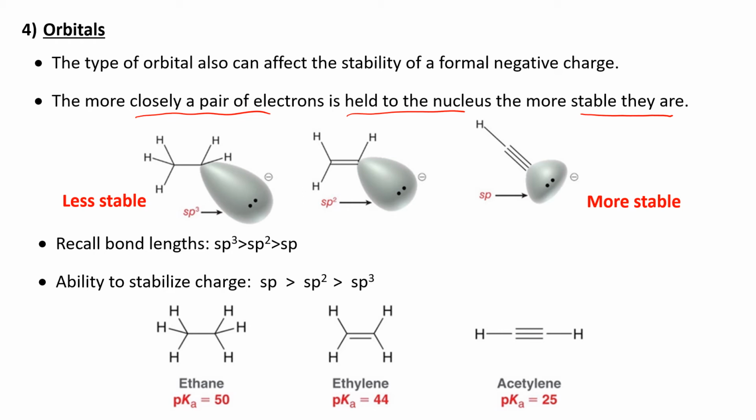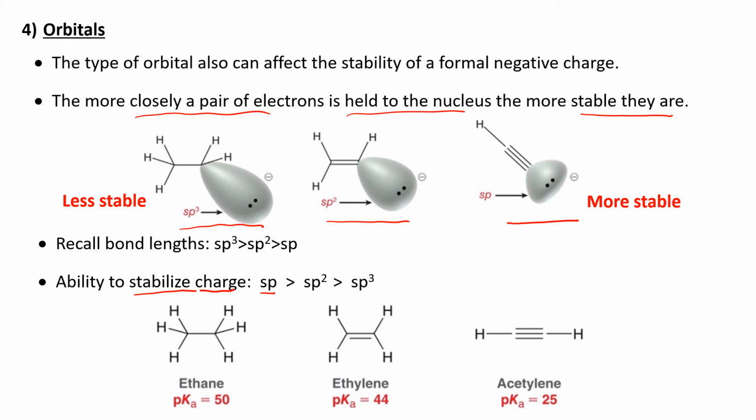So sp3 orbitals are further away from the nucleus than sp2, and sp orbitals are held most closely to the nucleus. Therefore, electrons in an sp hybrid orbital will be more stable. So the ability to stabilize a charge, sp is the greatest.